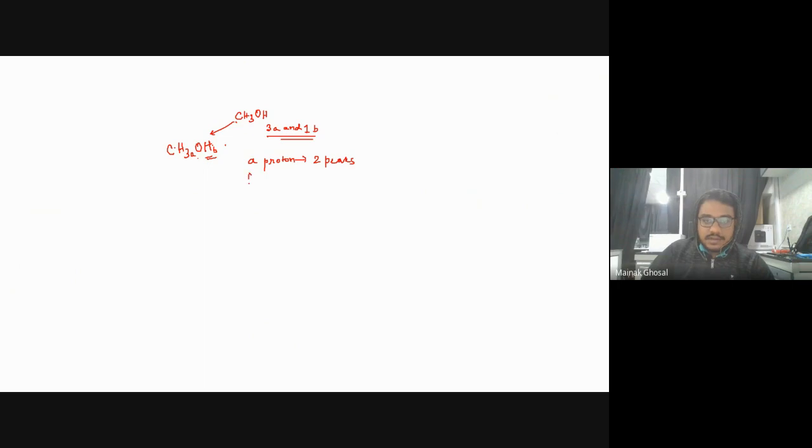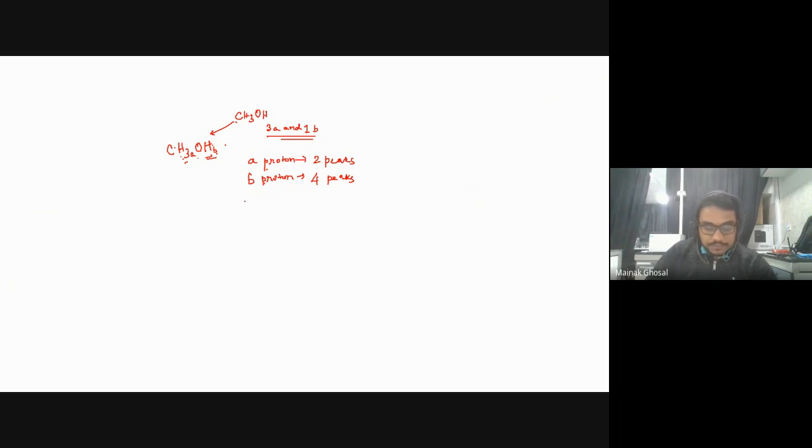Now for B proton, meaning the OH proton, it has 3 hydrogens on the carbon, so according to the n plus 1 rule there will be 3 plus 1, that means 4 peaks. So there will be two sets of peaks: one for A proton, another for B proton.